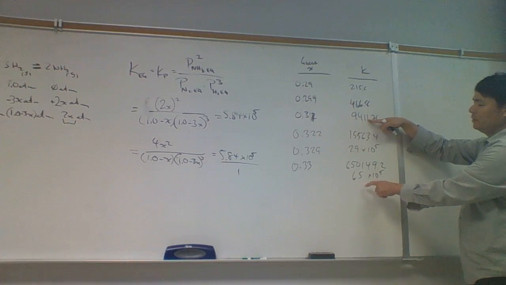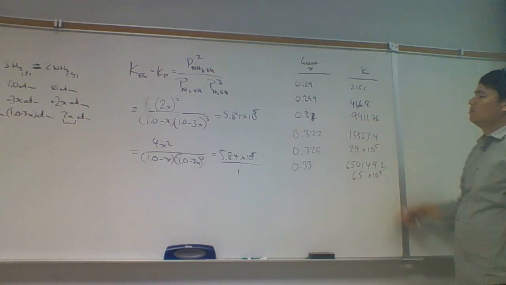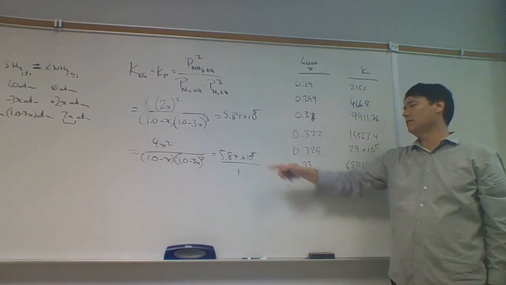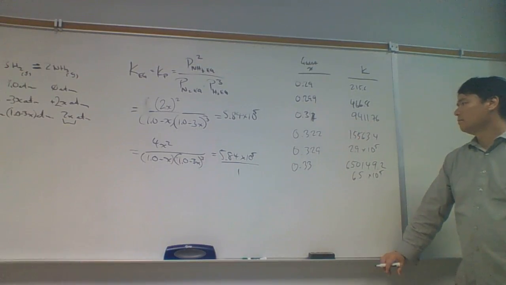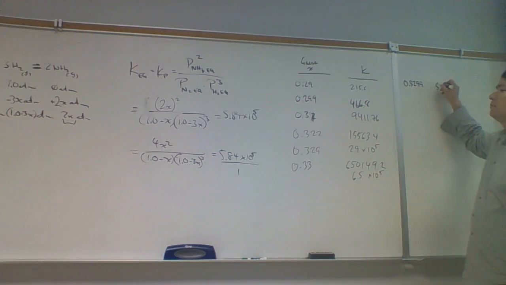So we go from 1 to 7, but we want about 6. So if you do 0.3299, that would be 5.9 times 10 to the 5th.